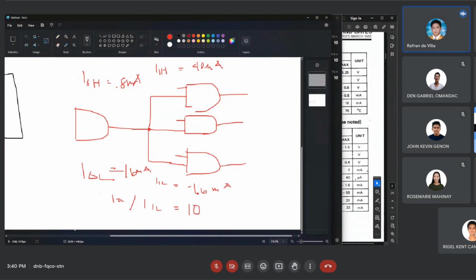Take note, that is only if the output is low. You also need to compute for when the output of the gate is high. So we have IOH divided by IIH.